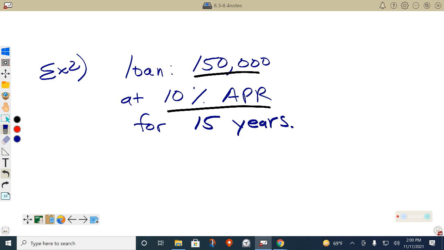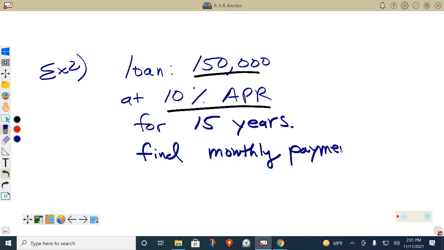Let's find the monthly payment. But for this one, I just want you to set it up. Let's not press the calculator, just set the formula up and we're done. That's all we're going to do outside, is just set up the formula. I don't want you having a calculator. Just set the formula up. Write this down.